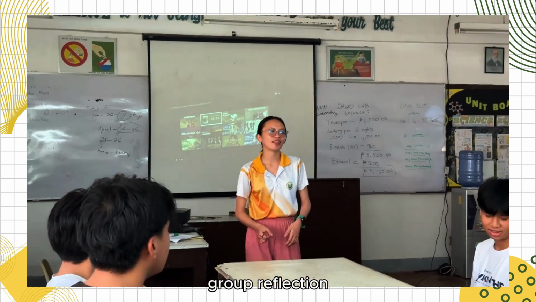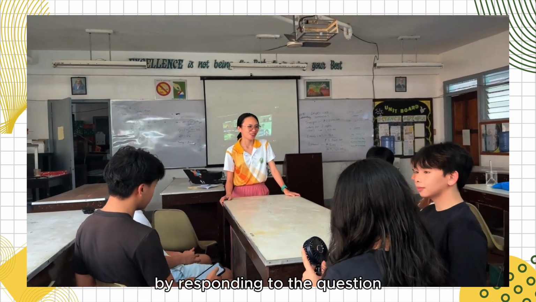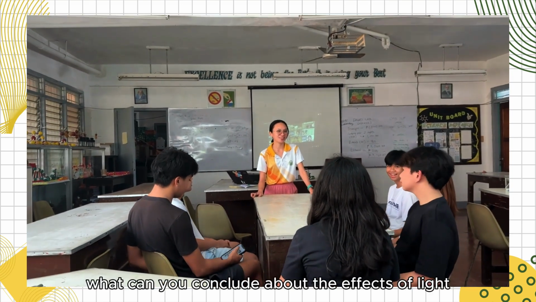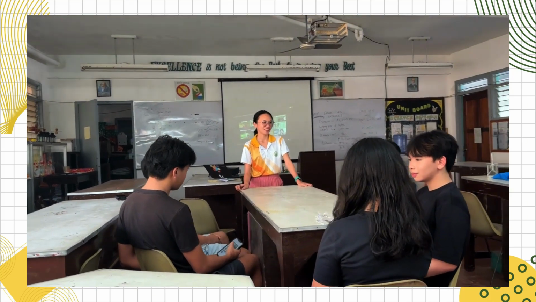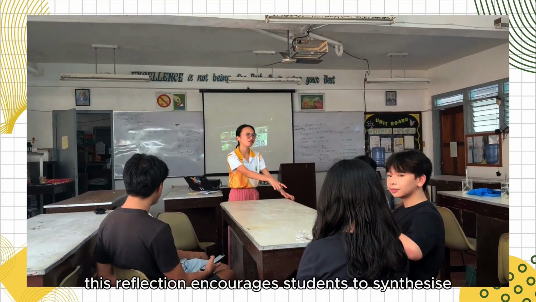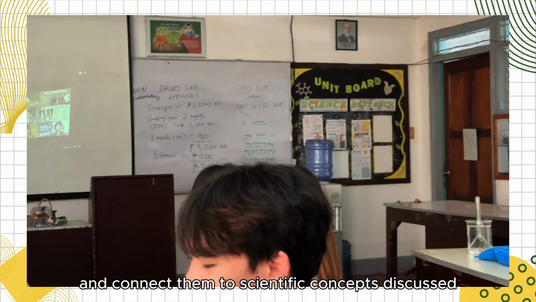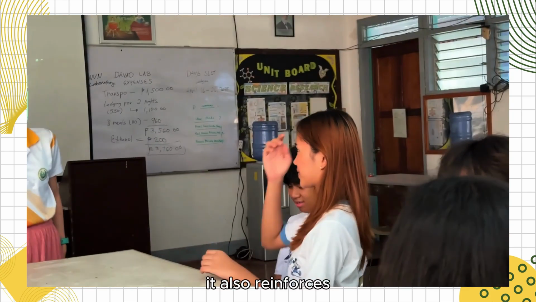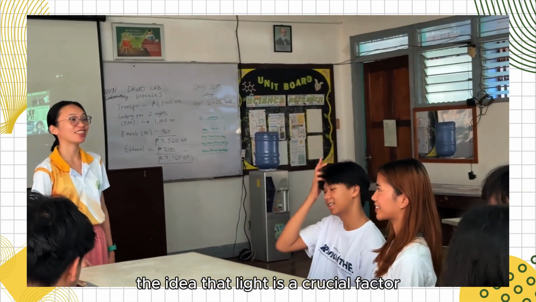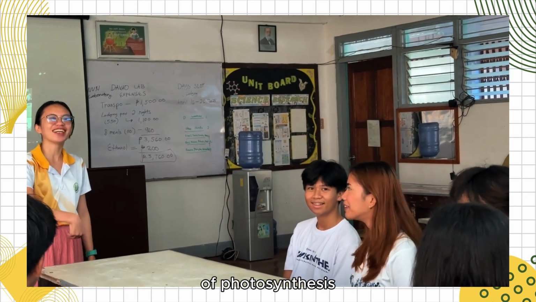Group reflection: the students will participate in a guided reflection by responding to the question, what can you conclude about the effects of light on photosynthesis? This reflection encourages students to synthesize the result of their experiment and connect them to scientific concepts discussed. It also reinforces the idea that light is a crucial factor in the rate and occurrence of photosynthesis.